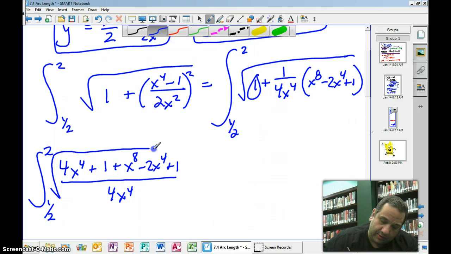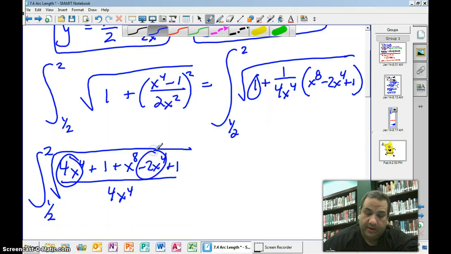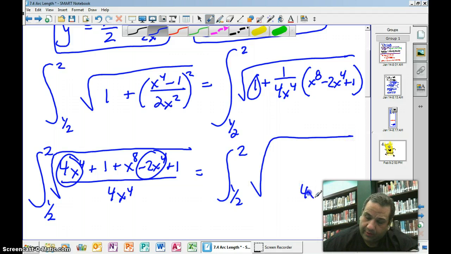This is all underneath a square root. So what I can do is I have like terms here that I can get rid of. This is going to be, now from 1/2 to 2, 4x to the 4th downstairs. On the top, that's going to be 2x to the 4th.